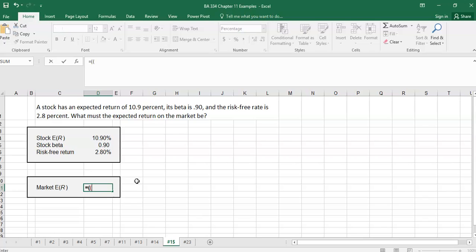And in this case, we have the expected return on the stock minus the risk-free rate divided by the beta plus the risk-free rate. So the expected return on the market as a whole in this situation is 11.8%.